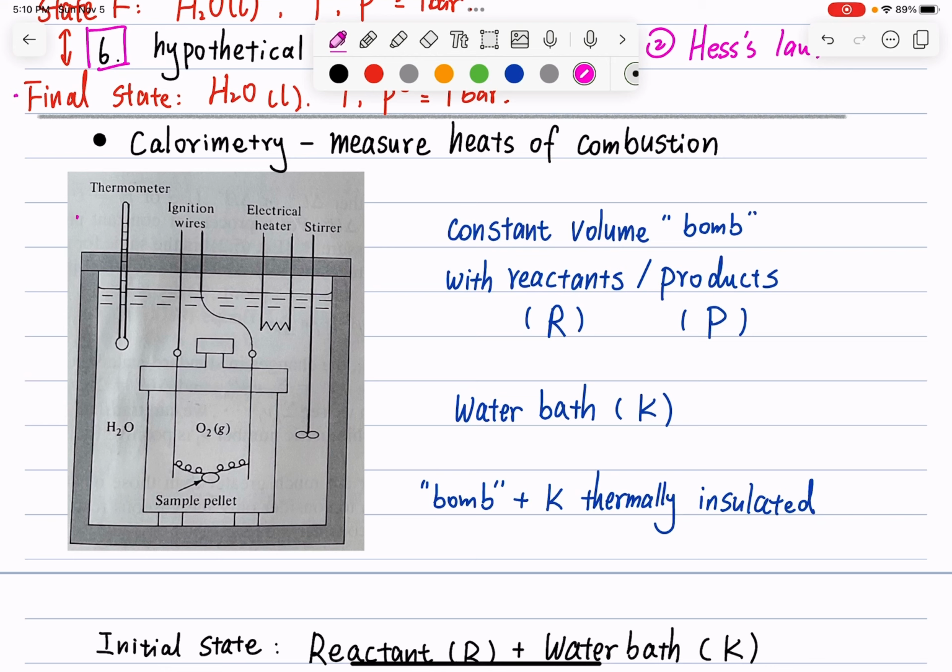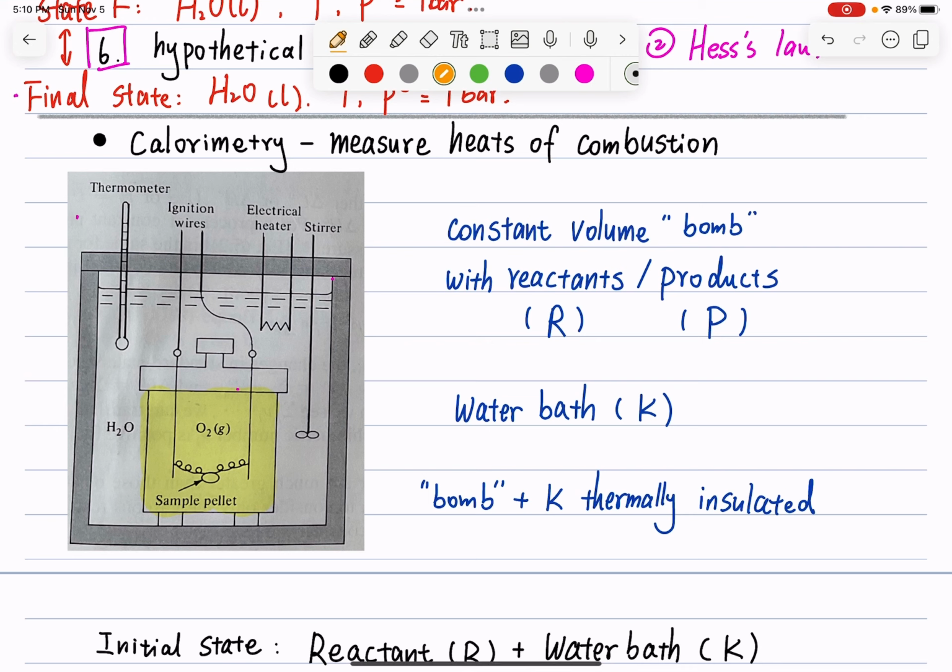First of all, we have what we call a bomb that has constant volume and is surrounded by a rigid wall that is not going to change. So when we talk about the volume, we're talking about what we have here, right? We're talking about a combustion reaction with oxygen gas, and the volume of this bomb remains constant.